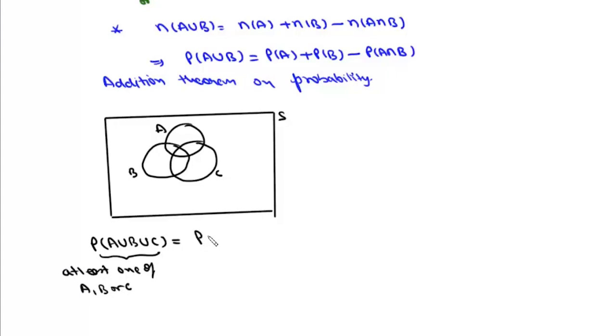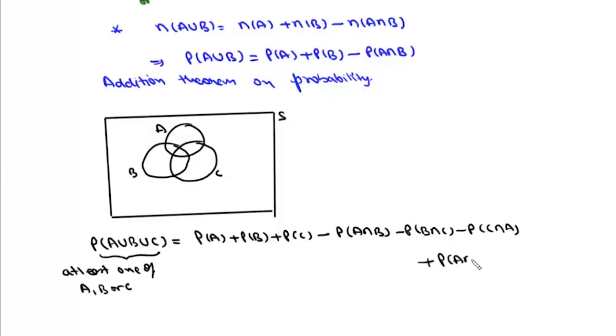And this is equal to probability of A plus probability of B plus probability of C minus probability of A intersection B minus probability of B intersection C minus probability of C intersection A, and then plus probability of A intersection B intersection C. This is probability of A and B and C, all three of them occur simultaneously.